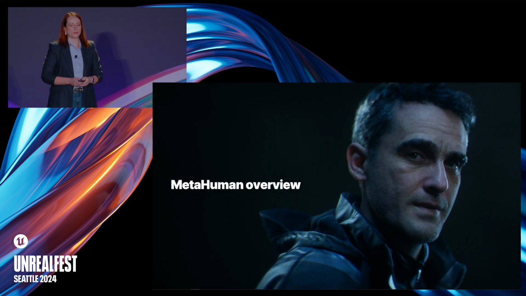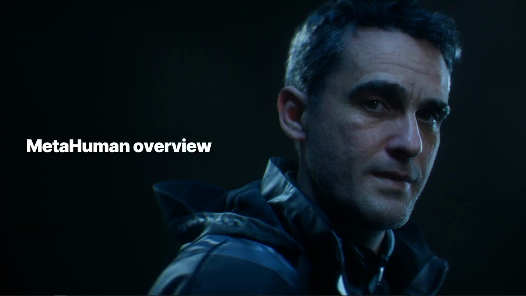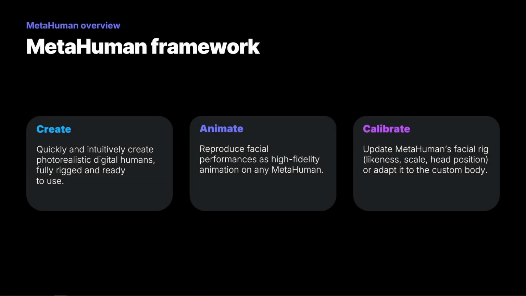Okay, let's start with the MetaHuman product overview. MetaHuman is a complete framework that gives everyone the power to create and animate highly realistic human characters for any Unreal Engine project. You can create, animate, and calibrate your MetaHuman using tools from our framework.